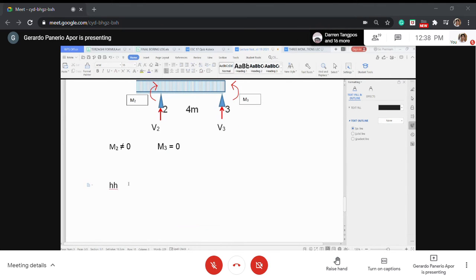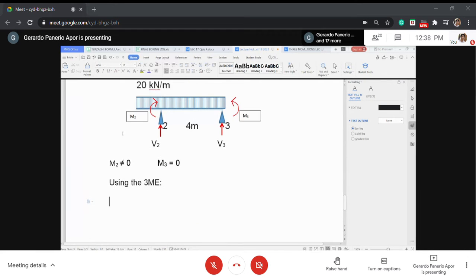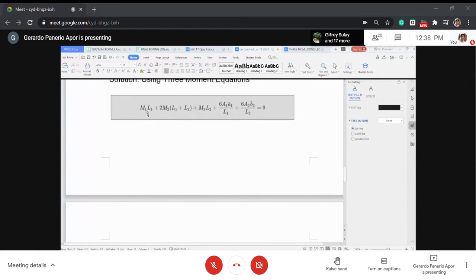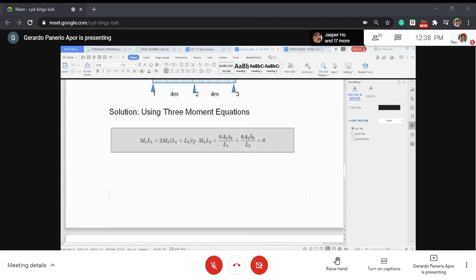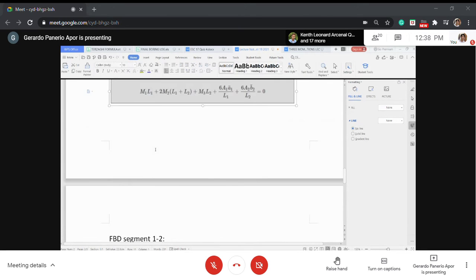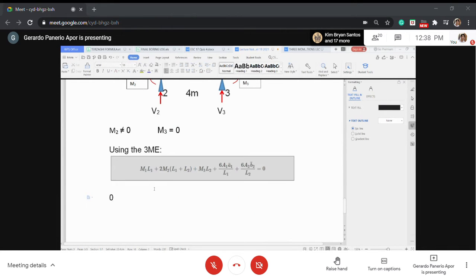So using the three-moment equation, from here, we have 0 plus 2 M2 times (L1 plus L2) plus M3 L2. We'll have to copy it again. Copy. So I paste them in. Okay. So we have 0 times 4 plus 2 M2 times 8 because L1 and L2 is 4 each.